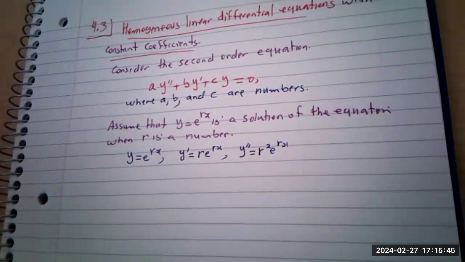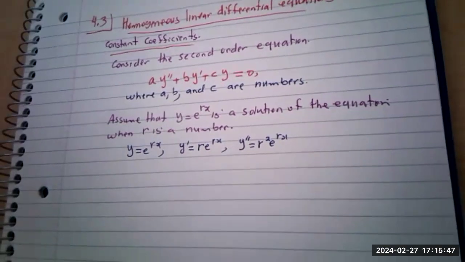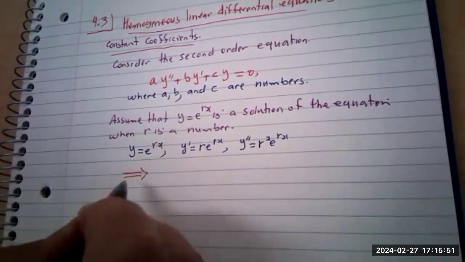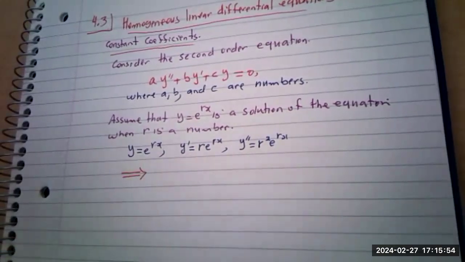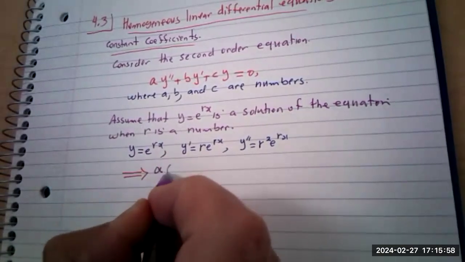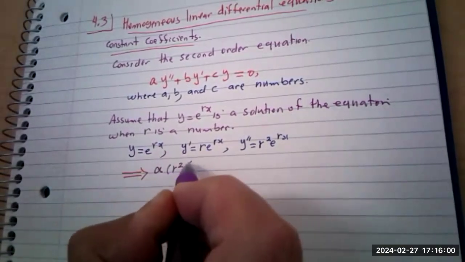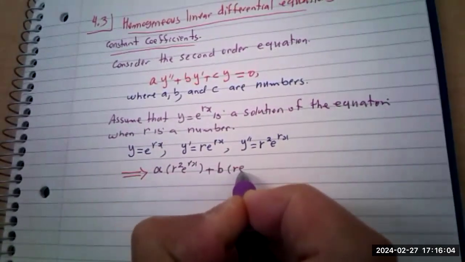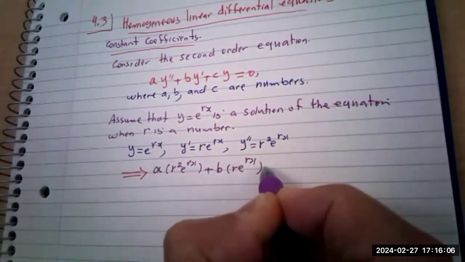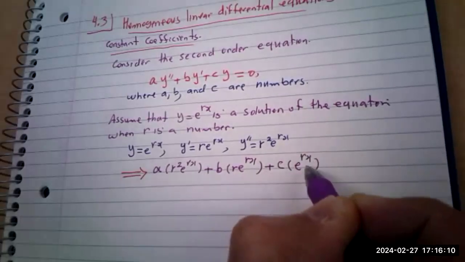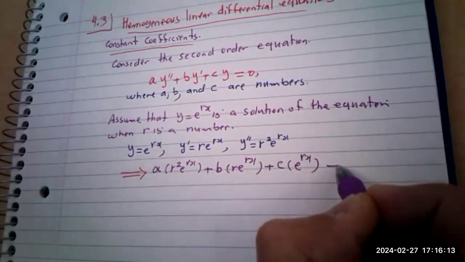Drop this into your equation: a times r squared e to the rx, plus b times r e to the rx, plus c times e to the rx, equals 0.